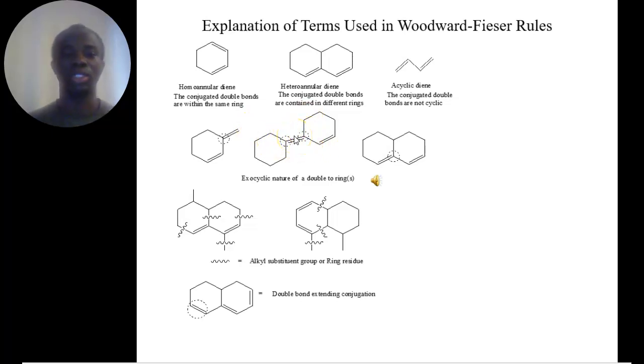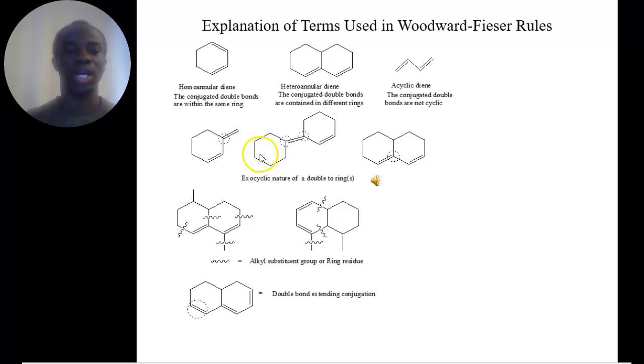One of the double bonds is within a ring while the other is outside the ring. So it's still a heteroannular situation. The last structure here is also a heteroannular situation where the two conjugated double bonds are in different rings.